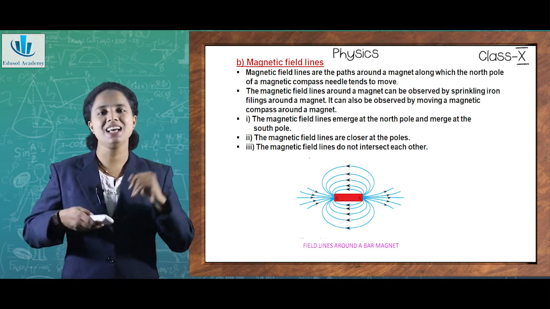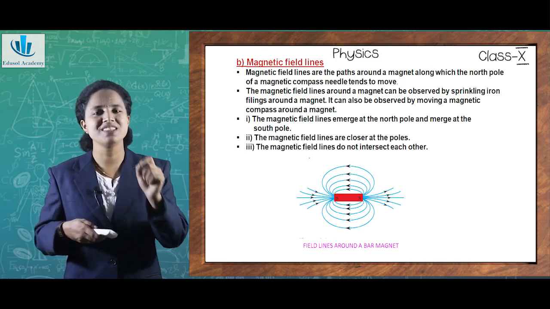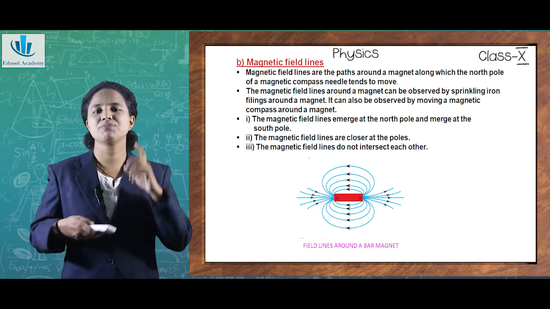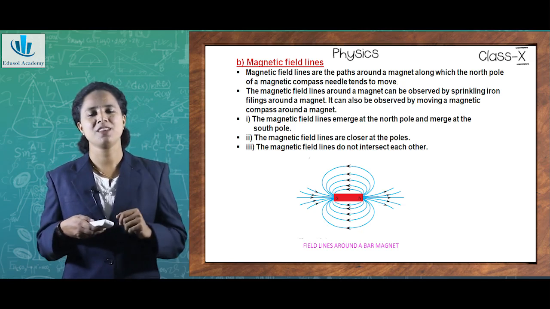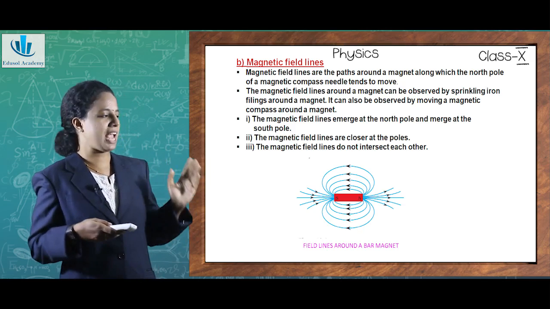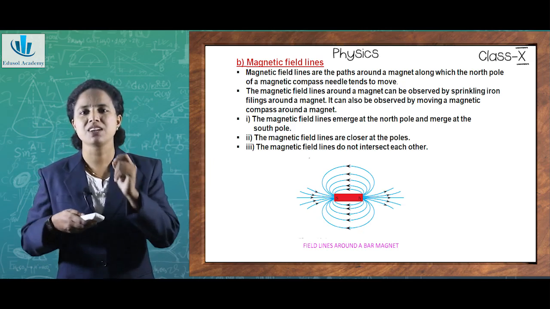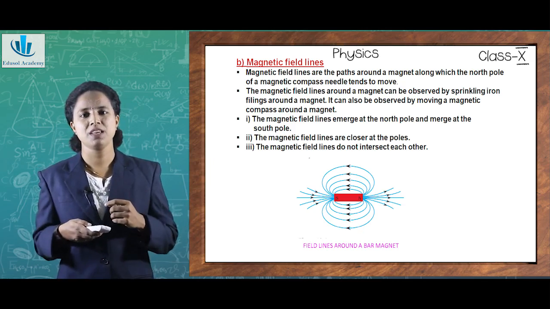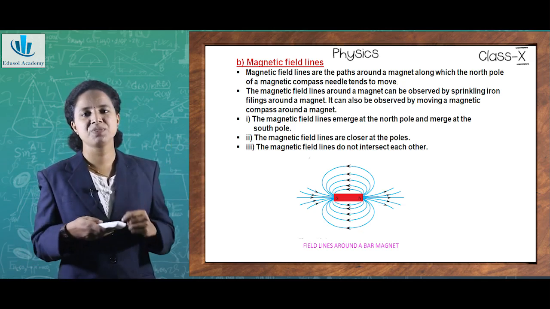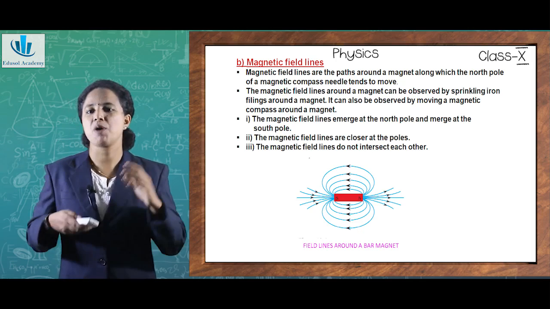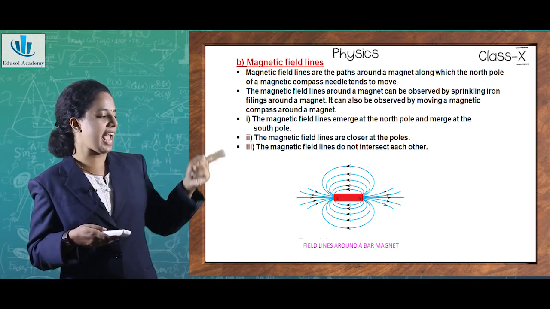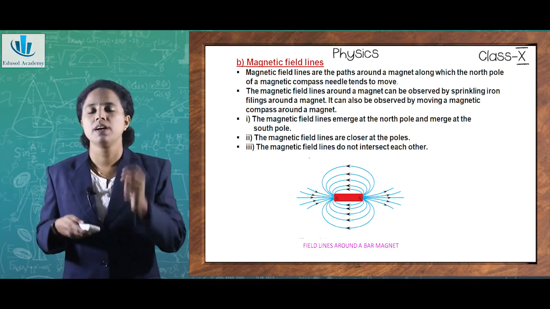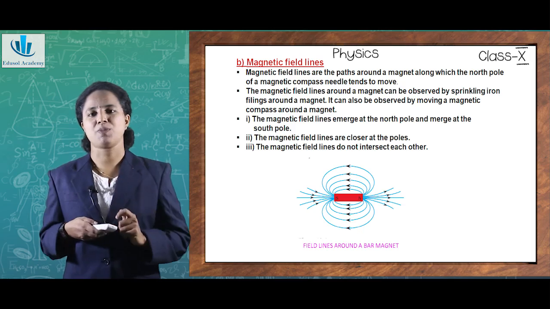Now we need to discuss some of the properties of magnetic field lines around the magnet. From the figure, you may be able to infer some conclusions. It is clearly visible that the magnetic field lines around the bar magnet emerge at the north pole and end at the south pole.